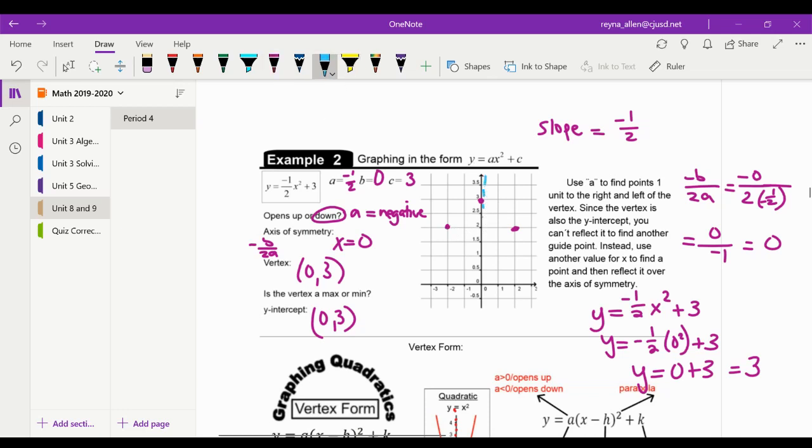Our axis of symmetry. And then again, this one's a fat graph because a is less than 1. So a right here is 1/2. I know it's negative, but we take the absolute value of it. And 1/2 is less than 1, so it makes it fat.